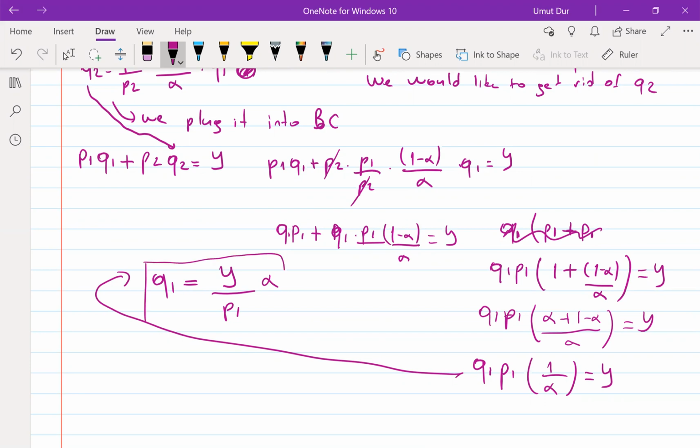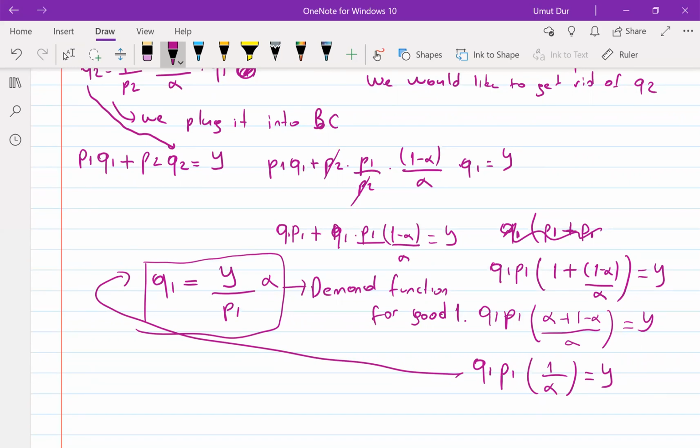Okay, now this is the demand function for good 1. So what do we observe here?